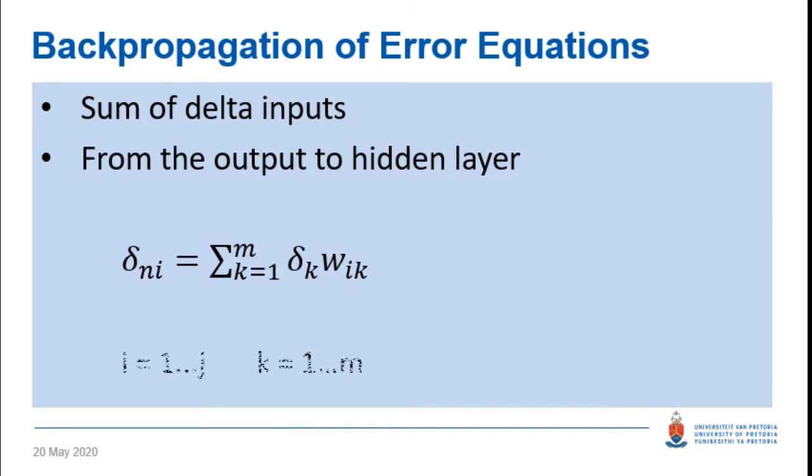So the equation for this, basically we're taking the sum of our delta k values and we're multiplying it by the weight. And so remember again, m refers to the number of nodes in the output layer, and our I indexes the nodes in the hidden layer, and that goes from 1 to j.